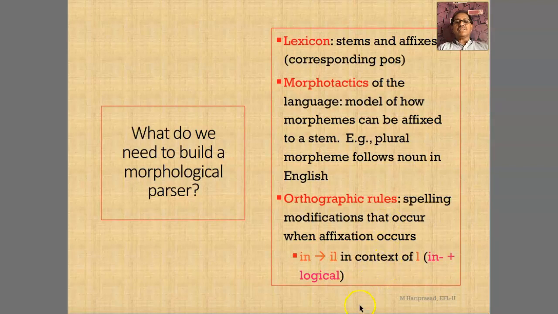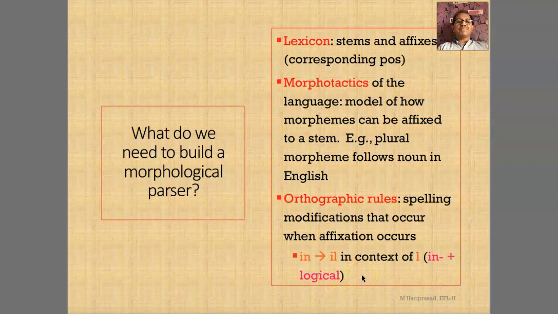So for example, in English, when you have a word like logical, the negative prefix is in, but when in attaches to logical, because the stem begins with the sound l, the sound n in the prefix changes to l, that is, in becomes ill in the context of l. So in plus logical, illogical.